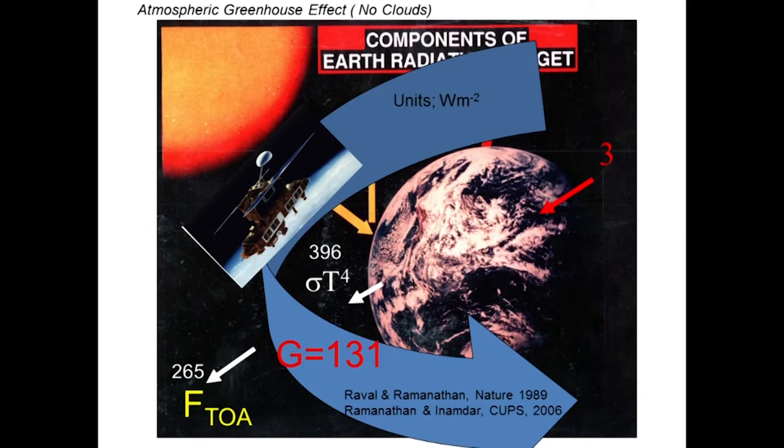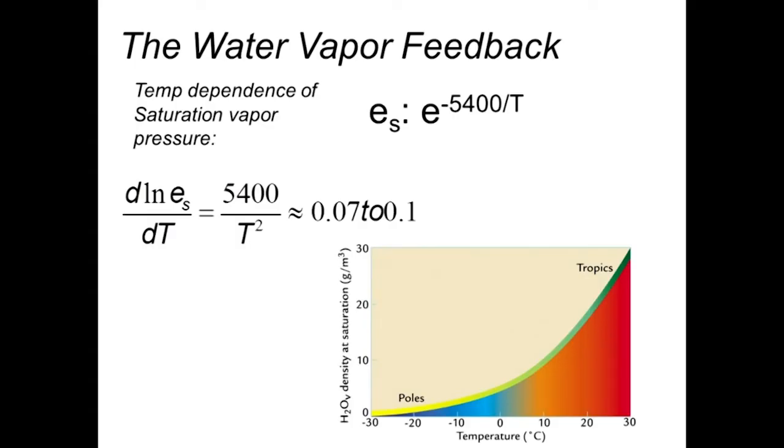So you take that number, then you would get that this 3 watts should have heated the planet by slightly less than a degree. But there is one fundamental thermodynamic constraint which we cannot escape. We call that water vapor feedback. I wrote the equation for the vapor pressure of water vapor.